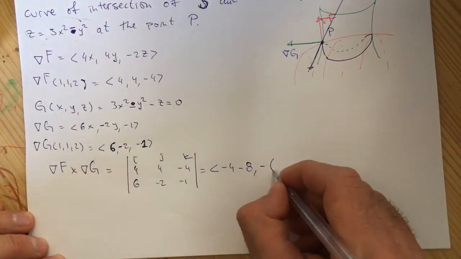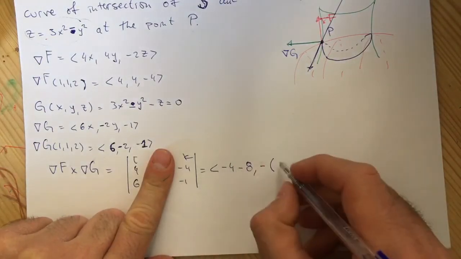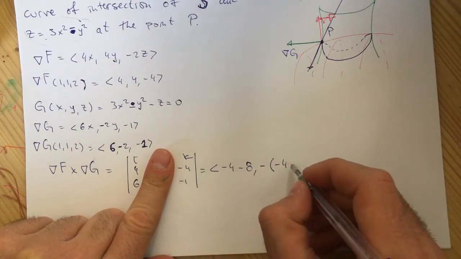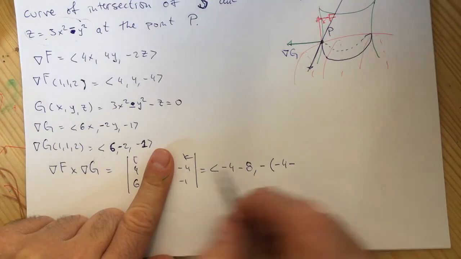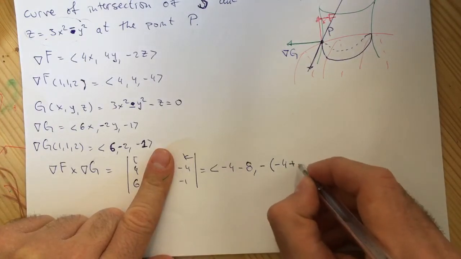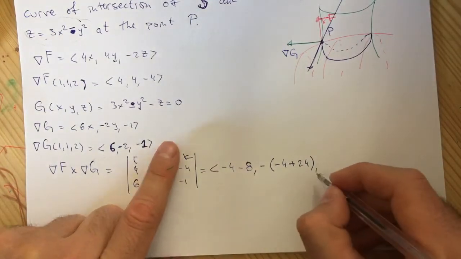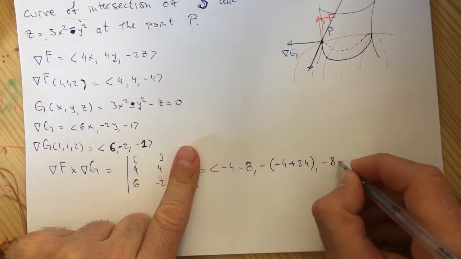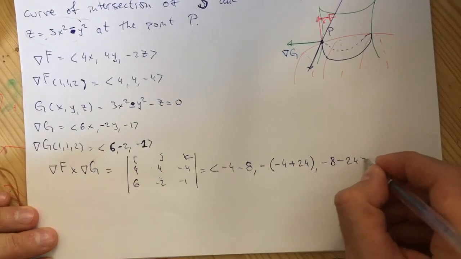The second component is multiplied by negative, so don't forget that one. And I have 4 times -1 is -4 minus 6 times -4 is -24. So minus -24, that's plus 24. And the last component is 4 times -2 is -8 minus 6 times 4 is 24.